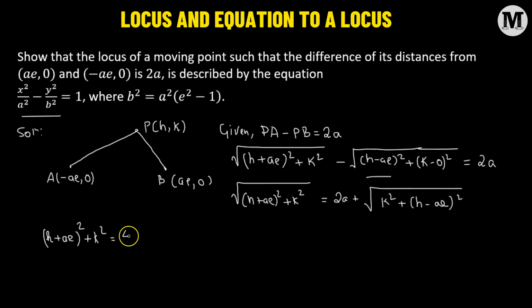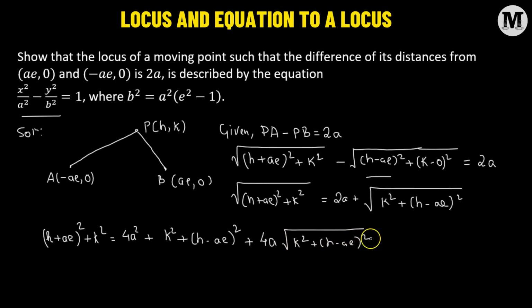That's going to give us, so (2a) whole squared is going to give us 4a squared. This will be added to the square of the square root term, so that takes care of the square root. So we have k squared plus (h minus ae) whole squared. Then we have plus 2 times 2a, so that's going to be 4a, and this will be multiplied by the square root of k squared plus (h minus ae) whole squared.